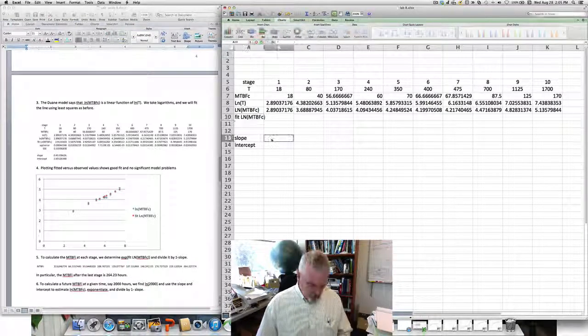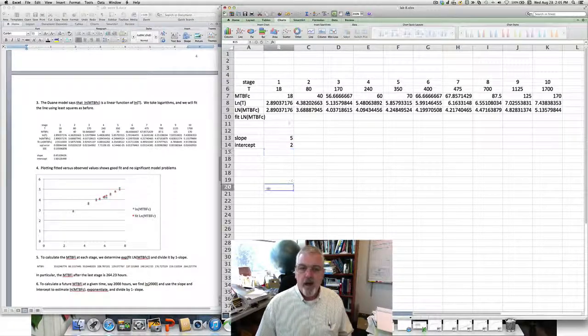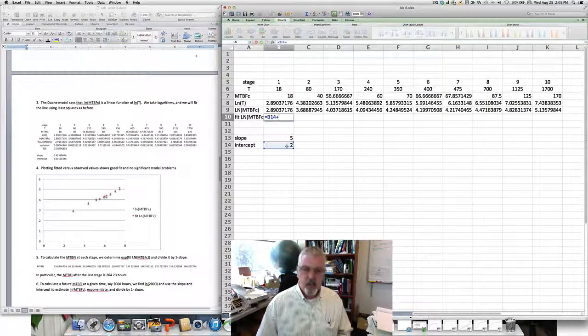Let's pick 0.5 and 2 for right now, just to get started. That says that if I take my intercept plus my slope times the log of t, that'll give me an estimate for what my fitted value should be.